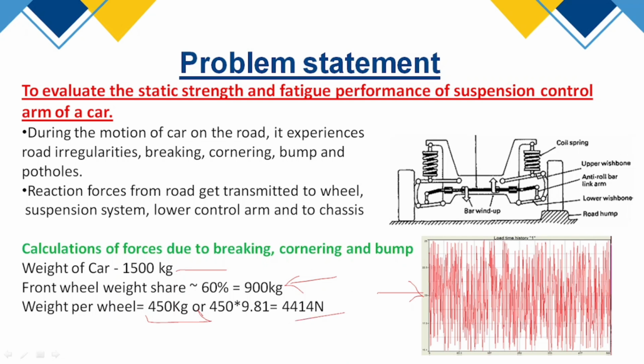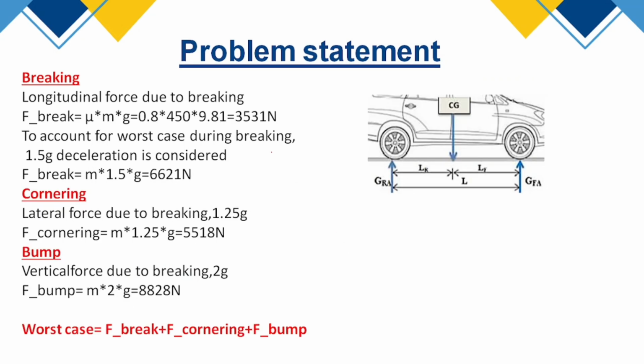So what happens during braking? When we brake, the front wheel stops, and why? Because there is a friction force, and while braking, a friction force will act in this direction and this will stop the car. To calculate the braking force, we can use the friction equation, mu mg, which is the normal force. Based on that, we get 3531 newton of force acting on the wheel due to braking.